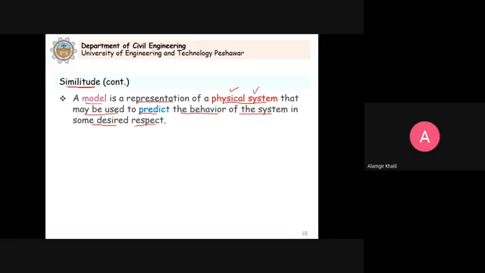That physical system can be a river, a dam, a structure of a building, a car, anything. So it is a representation of that real world physical system that may be used to predict the behavior of the system in some desired respect, what you want to check.